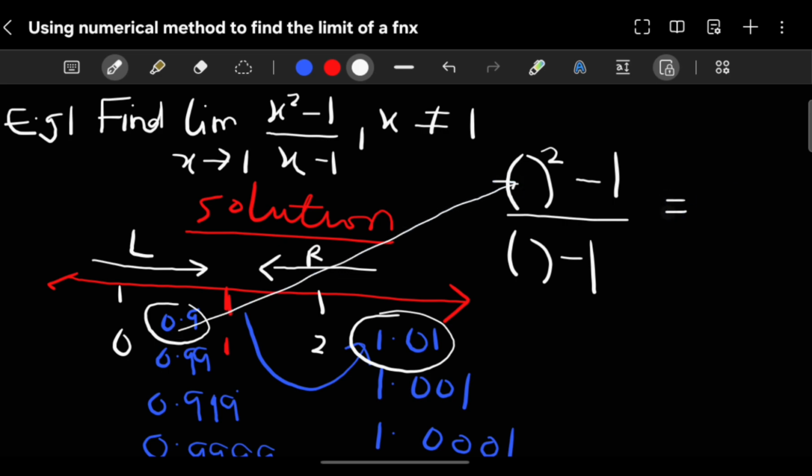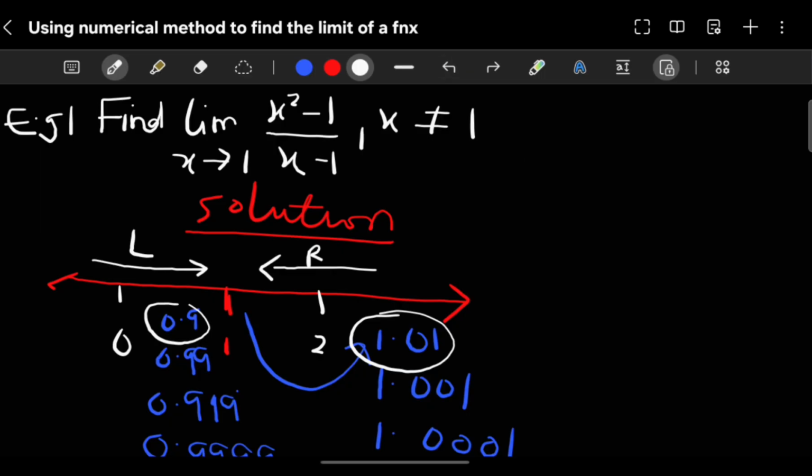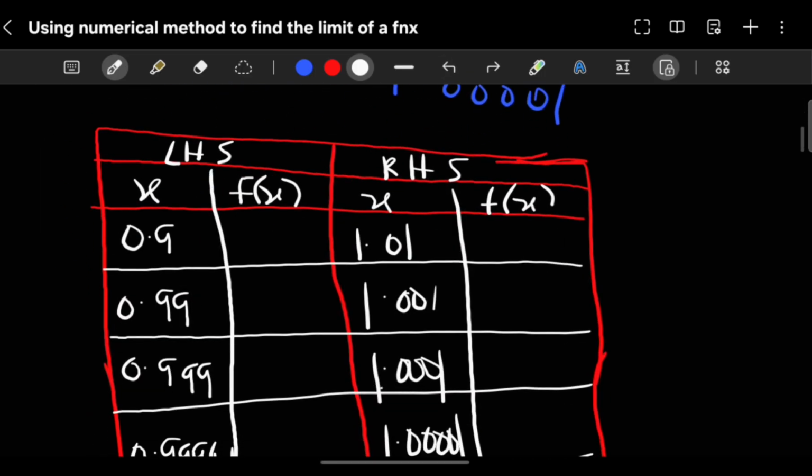So we put in 0.9 in here to see what we're going to get. I hope that is clear.